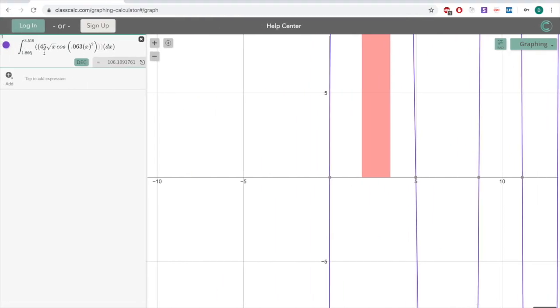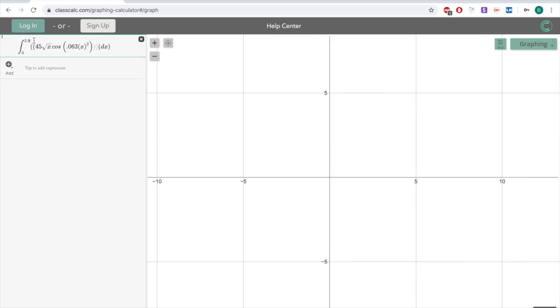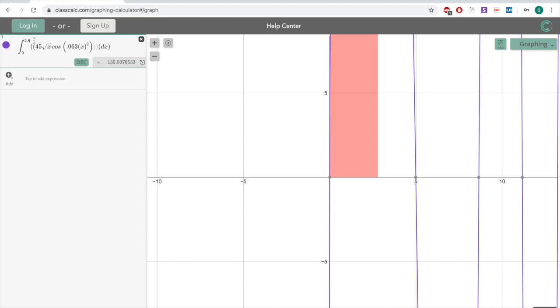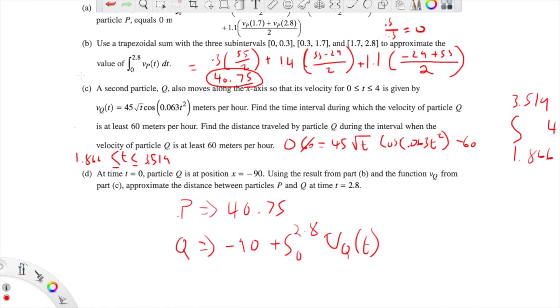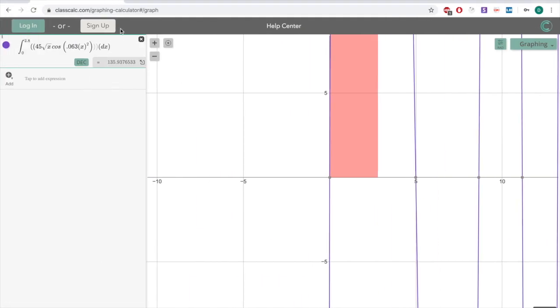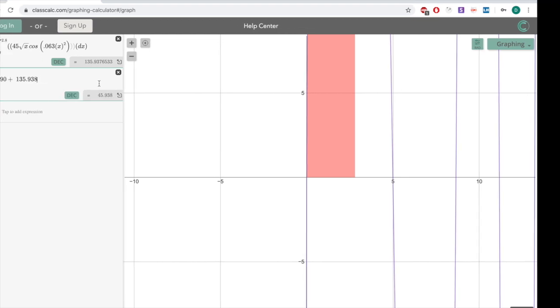We already have the information all loaded up in here, so we can just go 0, 2.8, and that's going to give us 135.938, let's call it. Well, actually, let's go ahead and subtract 90 from that. So negative 90 plus 135.938. That's going to give us 45.938.